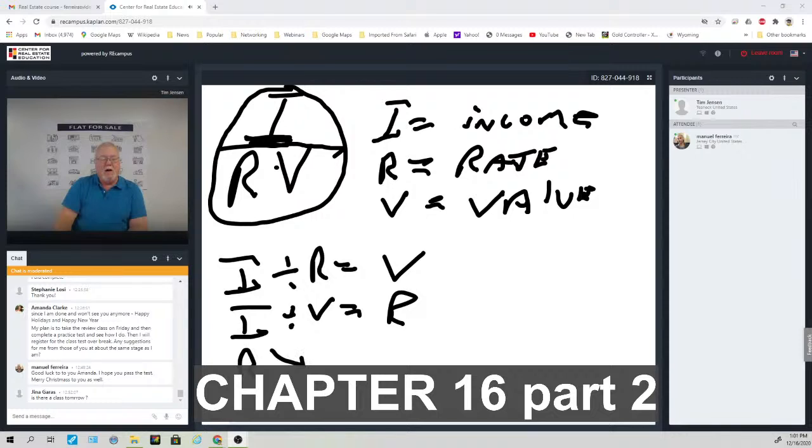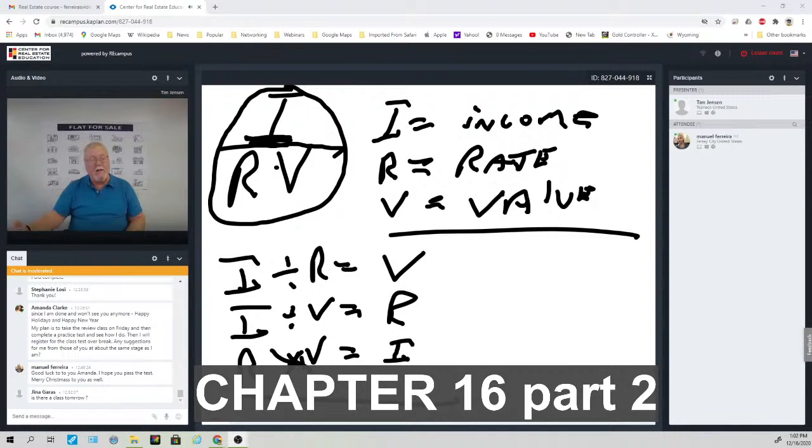And rate times value equals income. Those are the three formulas you have to understand that apply to the calculation of value using an income approach to value. If you don't have this basic understanding, you're not going to understand the income approach to value.